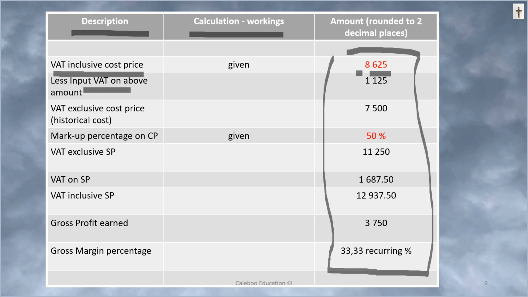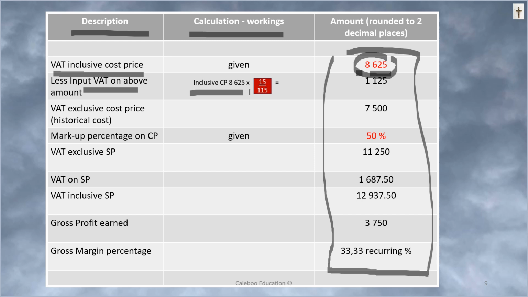The second thing required is less input VAT on the above amount. So we need to calculate the input VAT. If an amount has input VAT in it, we can do it in two ways. I will show you by using the VAT fraction. So we take the inclusive cost price in line 1 of 8625.